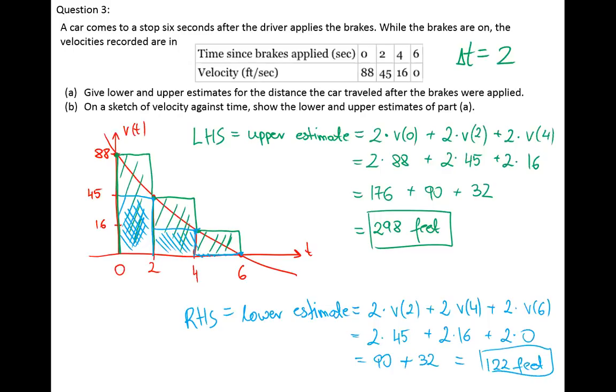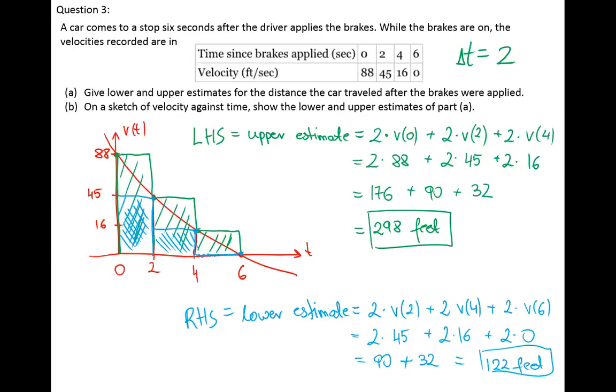But at least we got some numbers. Okay, that makes sure that we know how to recognize upper estimate, lower estimate, and of course, left-hand side and right-hand side rectangles. But please note, not always will the left-hand side give me the upper estimate. Sometimes it could be the other way.